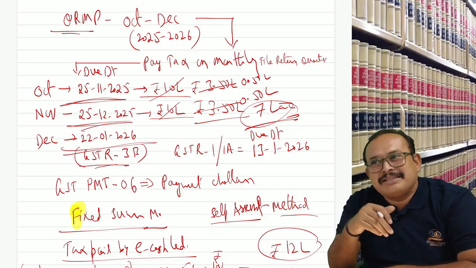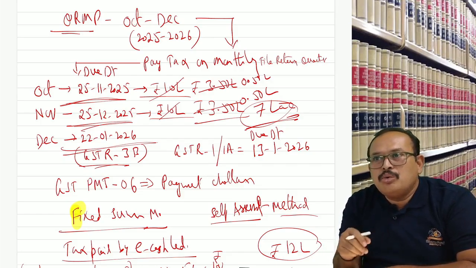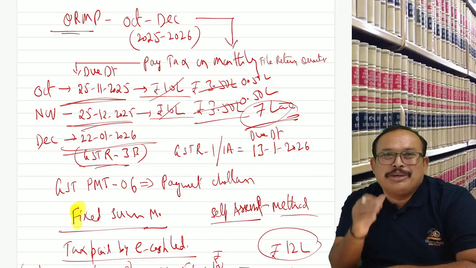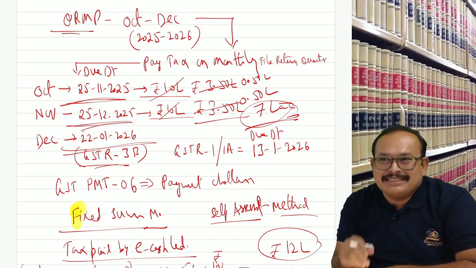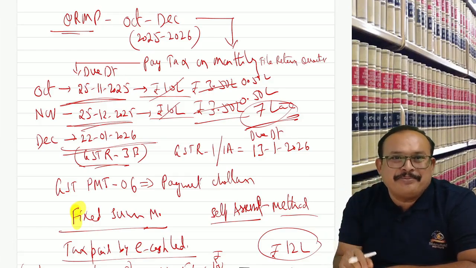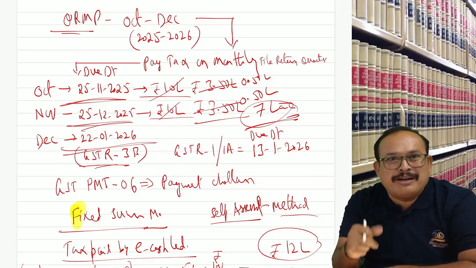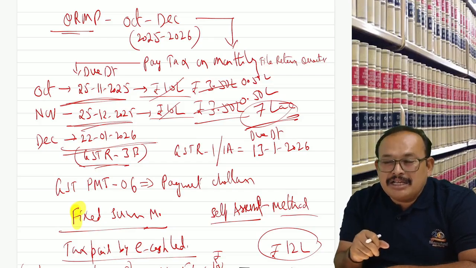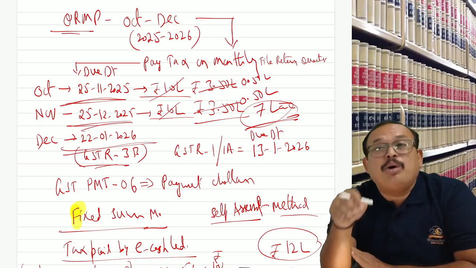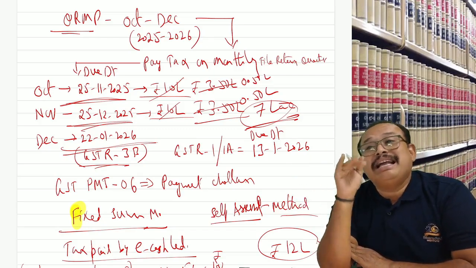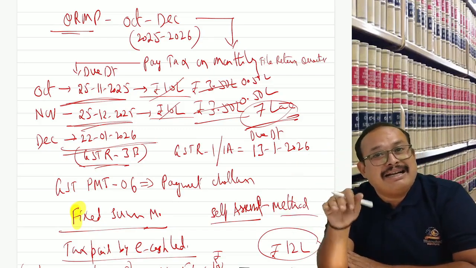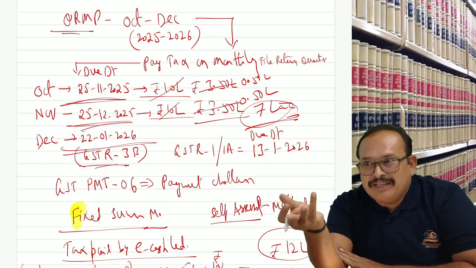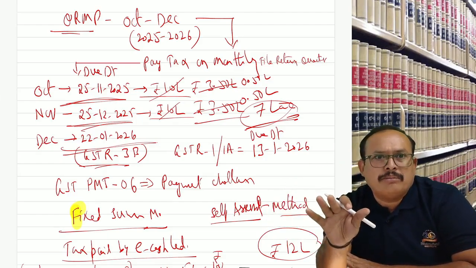But under the fixed sum method, these values are auto-populated. You cannot alter that value. 3.5 lakhs, 3.5 is fixed. Get my point? Suppose the actual liability for the first 2 months is not 3.5, 3.5, but 4 lakhs, 4 lakhs. For example, no problem.